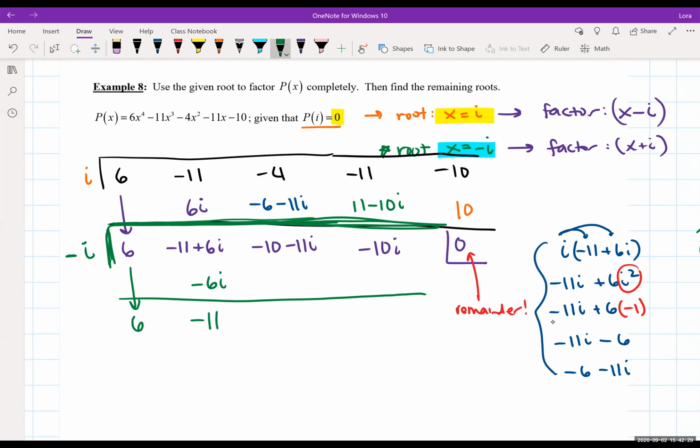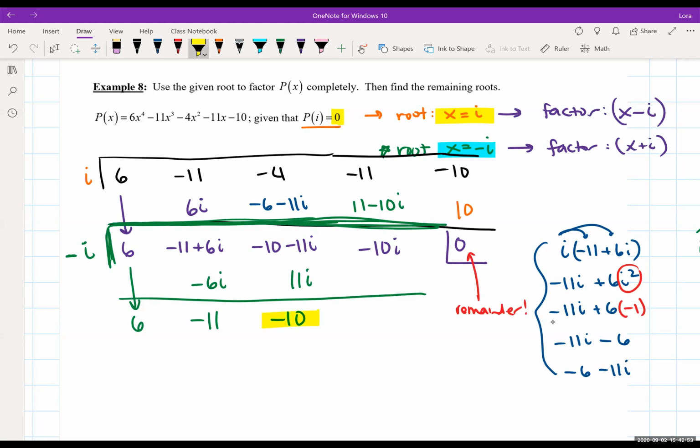Now, when you multiply -11 times i, you get positive 11i. So we get positive 11i that we're writing underneath the next coefficient. When you add vertically, you'll notice that your 11i's drop out and you get negative 10.